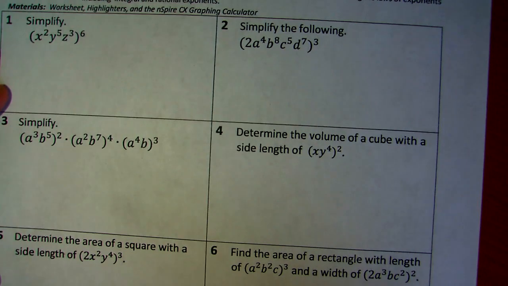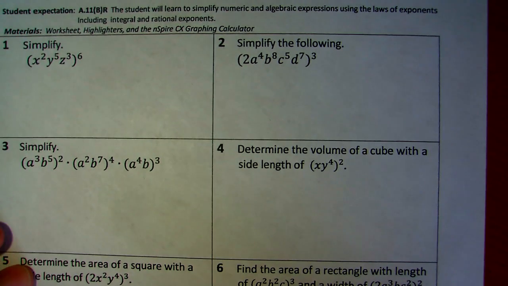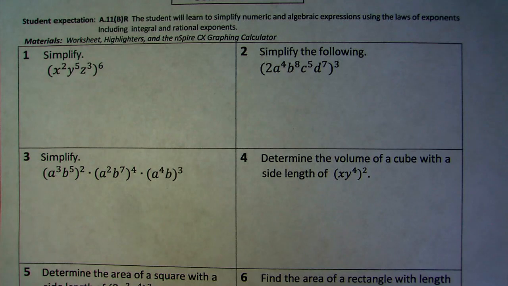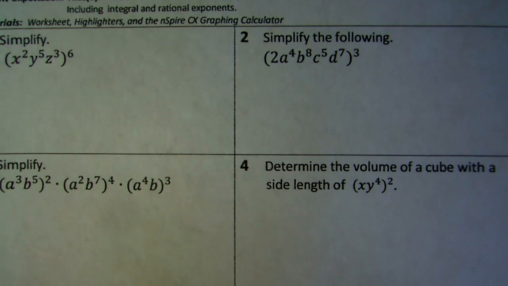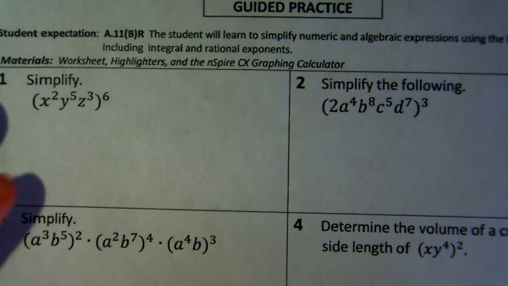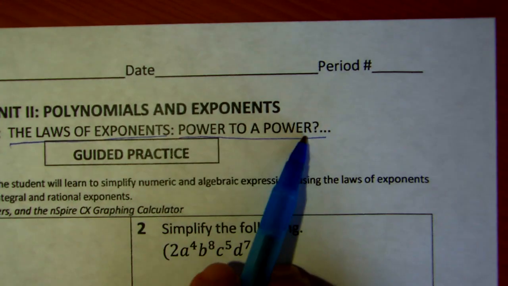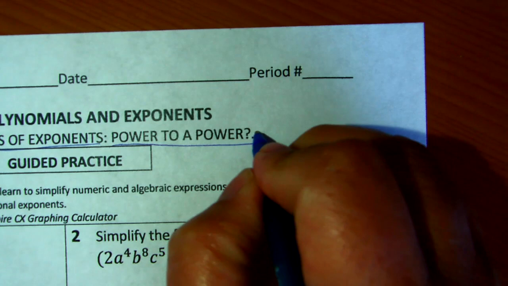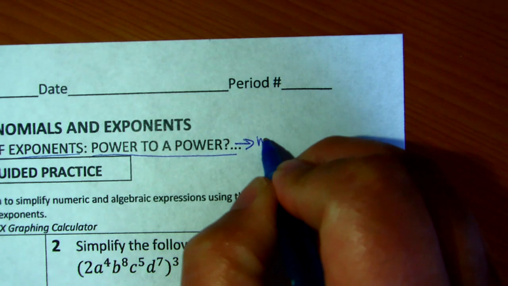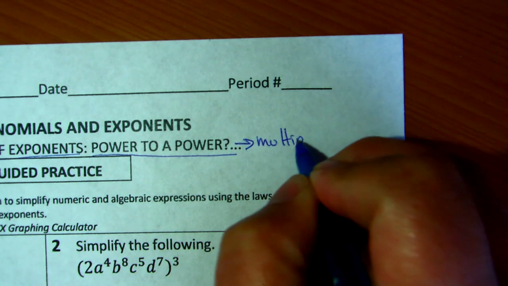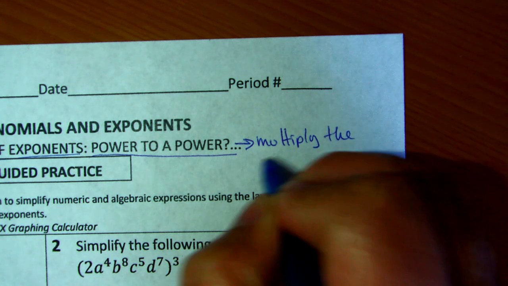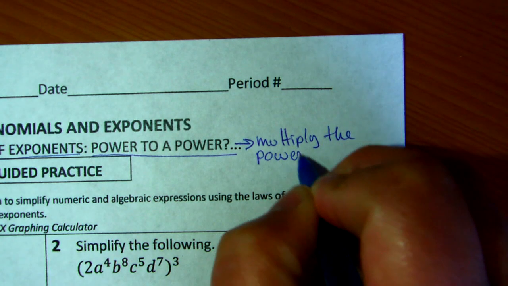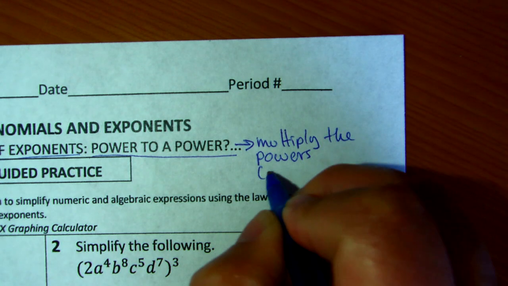Before we begin with the applied problems, we're going to do just a little warm-up on the law of power to a power. So if you remember, power to a power, what was the rule? Multiply the powers or the exponents.